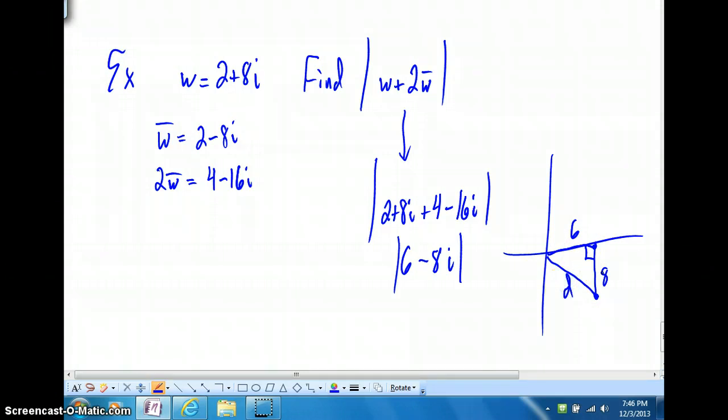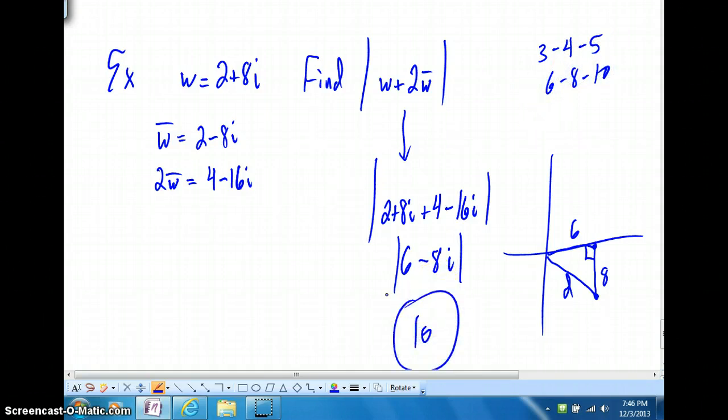But if we're really on our toes, remembering the Pythagorean triples, the 3, 4, 5, if I doubled that, we'd get 6, 8, 10. So this magnitude would actually just be 10. And magnitudes, of course, are always positive. They are measuring a distance. So even when you see negative values for your components, the end result is a positive.